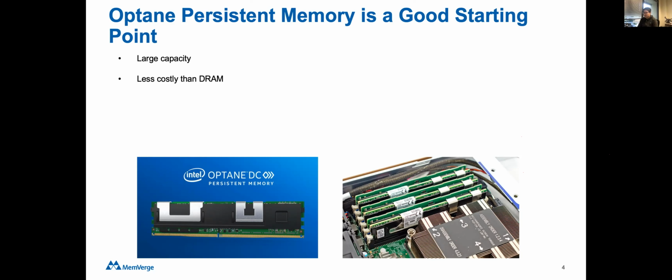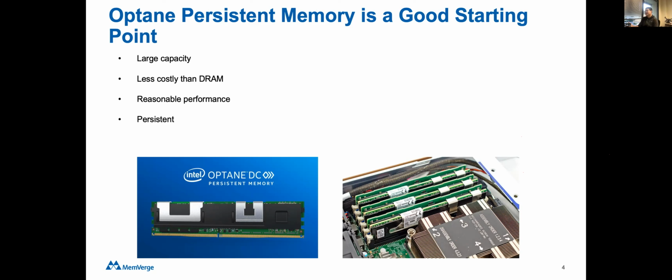If you talk about dollar per gigabyte, it also has reasonable performance. It's slower than DRAM, as you probably already experienced, but it's still reasonable. It's much faster in terms of random access compared to SSDs and disks, right? And it's also very interesting because it's persistent.